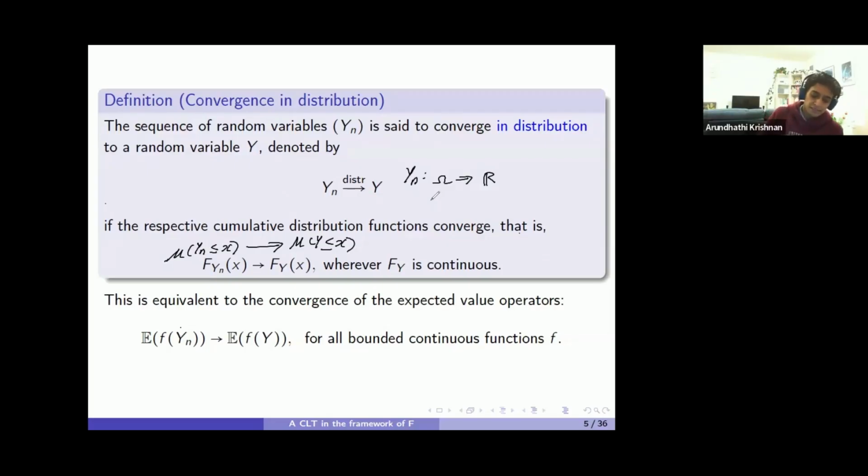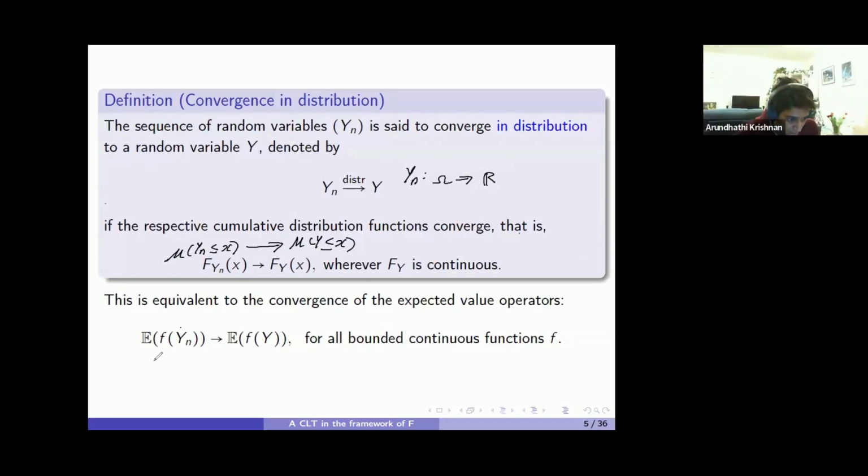So this convergence in distribution is equivalent to many other conditions. But the condition I want to talk about is the fact that it's equivalent to the convergence of the expected value operators. So the expectation of f of Y_n will converge to the expectation of f of Y for all bounded continuous functions f.